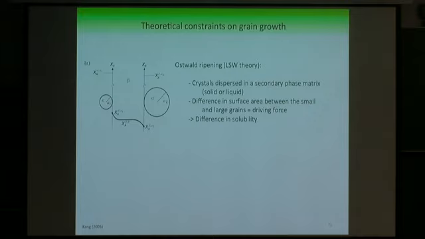So it states that for crystals dispersed in a secondary phase matrix, whether it's solid or liquid, the difference in surface area between the small grain here and the large grain here is the driving force for grain growth. And so this leads to a difference in solubility.